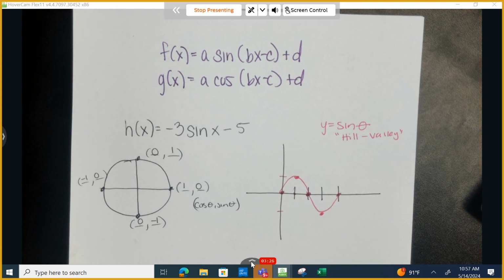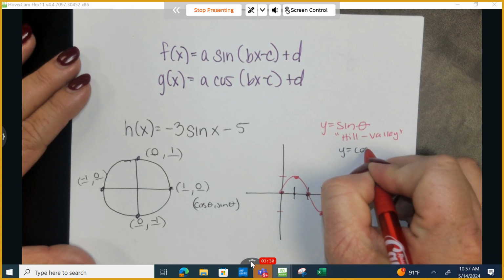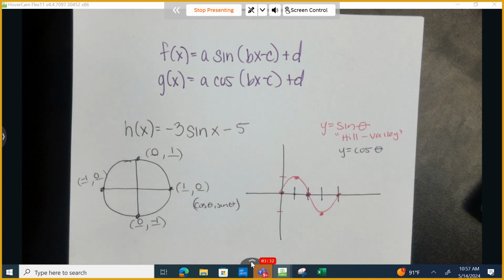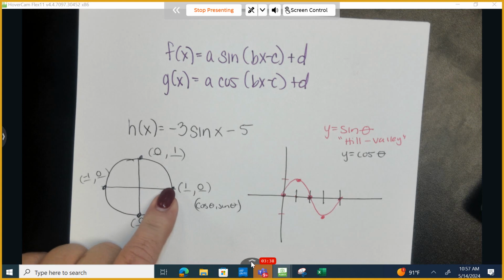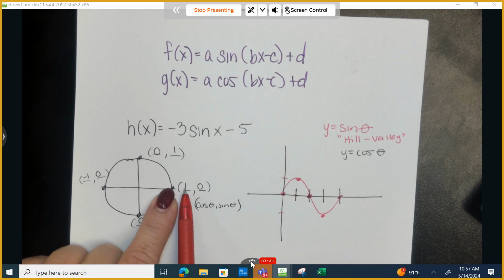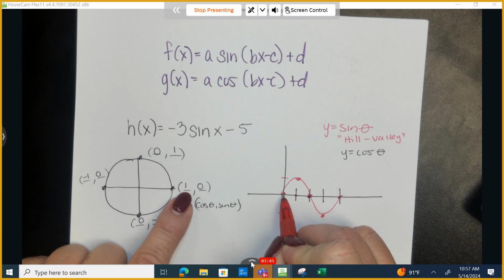On the same graph, we're now going to graph cosine. So y equals the cosine of theta. We're going to start in the same position, and I'm going to go one cycle around the unit circle. Remember that cosine values are the first value, so I'm starting here. What is the output value at this initial location? 1.